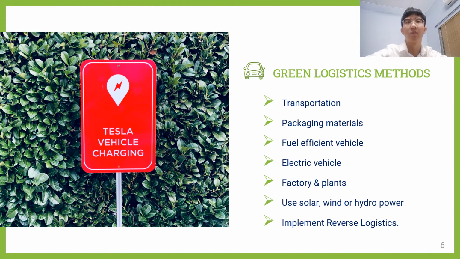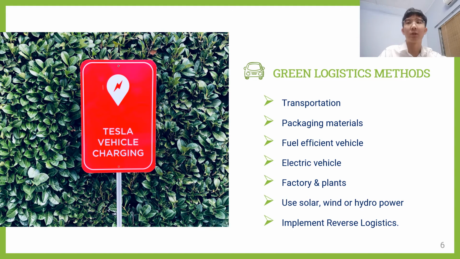Next. So what are the green logistics methods? Firstly is transportation. Transportation helps to reduce the carbon footprint and is very cost effective. So we should choose the appropriate modes of transportation, for example, air transport only for expensive items. Next, the packaging materials.